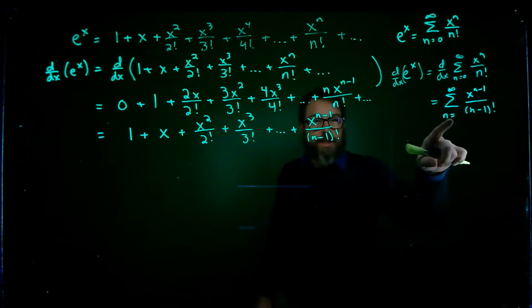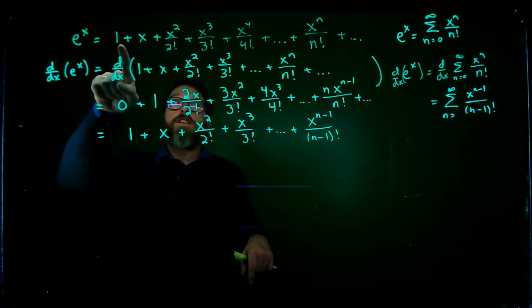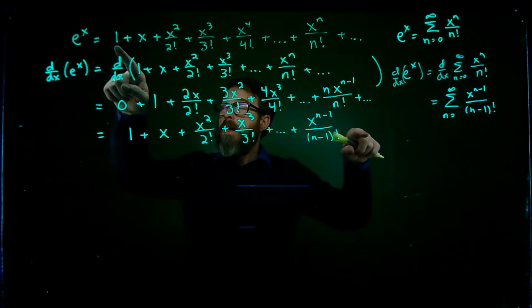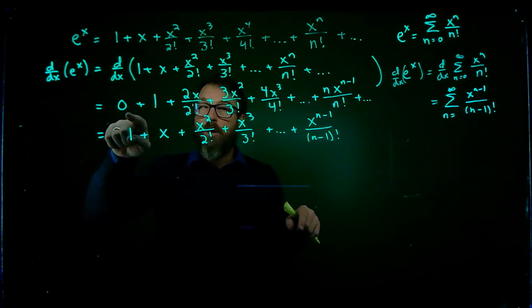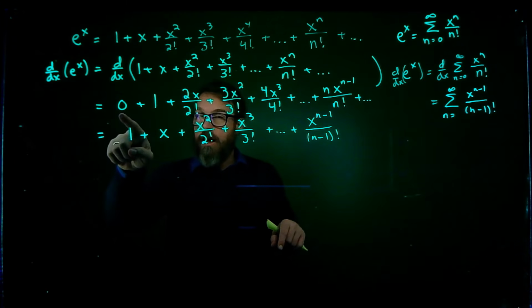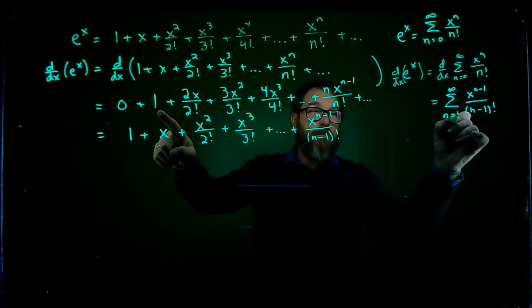Now, the reason I left the index blank is I want to talk about what happens here. Well, the summation goes from n equals 0 all the way to infinity. Since the first term turns into a 0, the summation now starts here. It started at n equals 0, and it's now going to start at n is equal to 1.